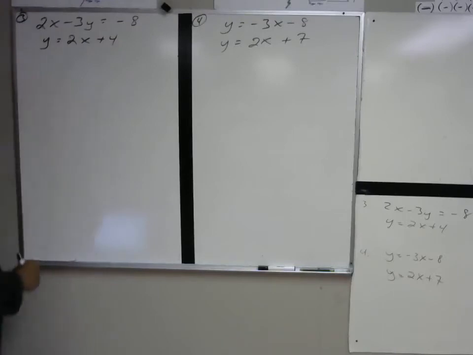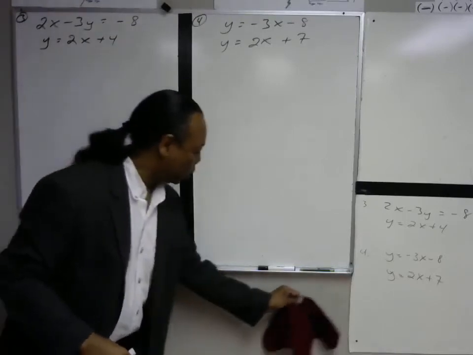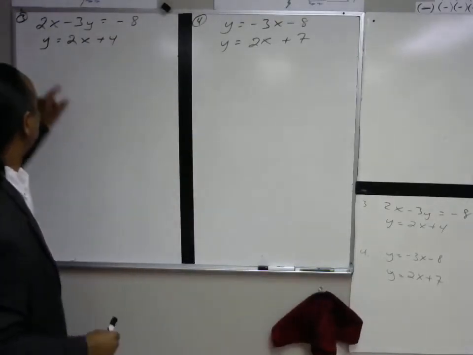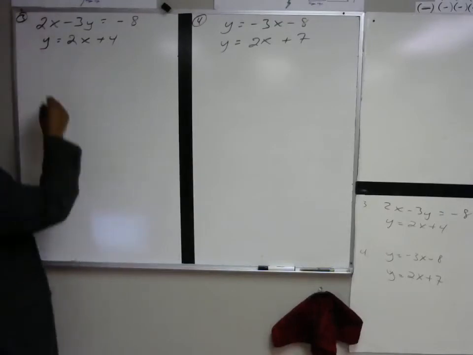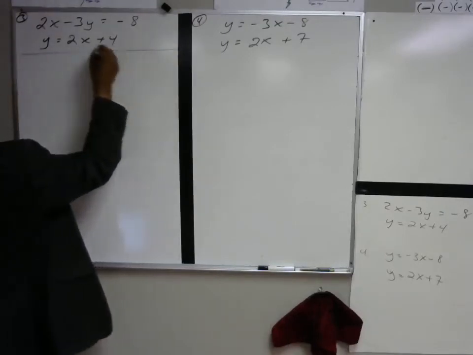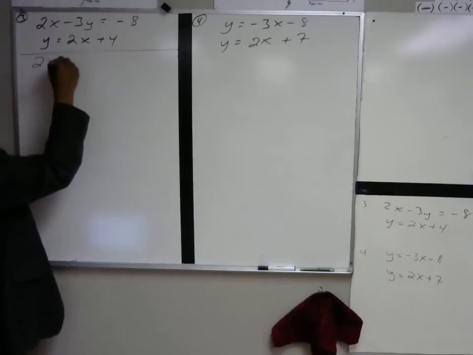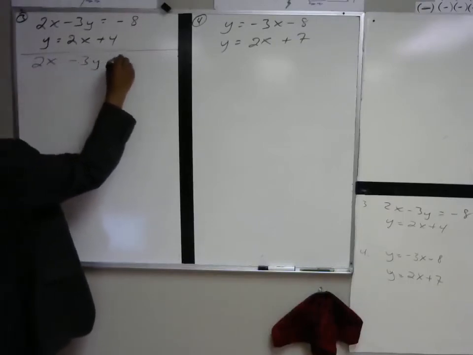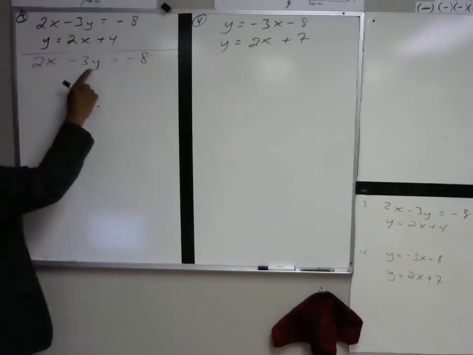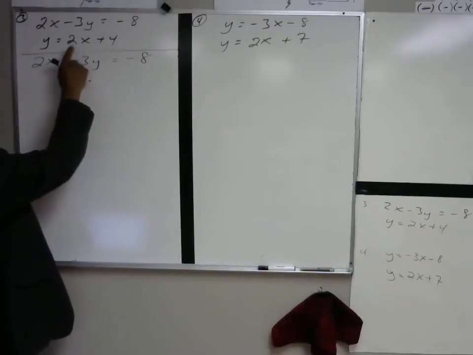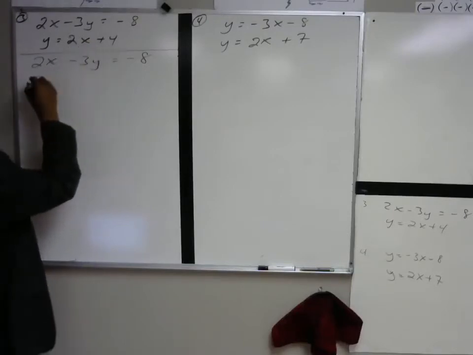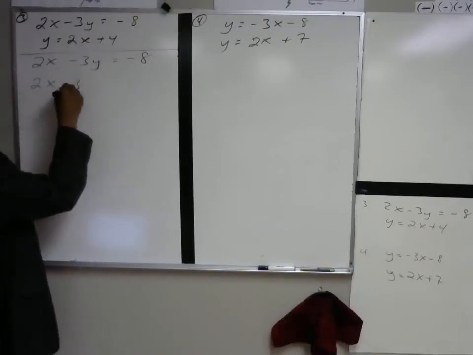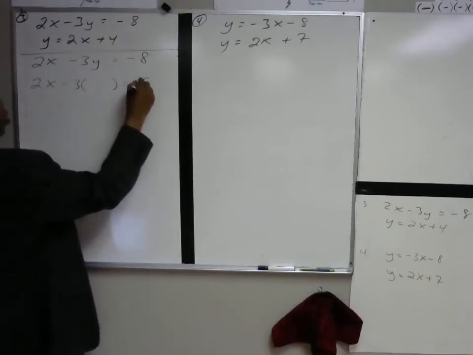Okay, number 3. Number 3, we see that the y is isolated, so we're going to use that for substitution. So, line of demarcation, we have our 2x minus 3y equals -8. And the y, we're going to change that into a 2x plus 4. 2x minus 3.